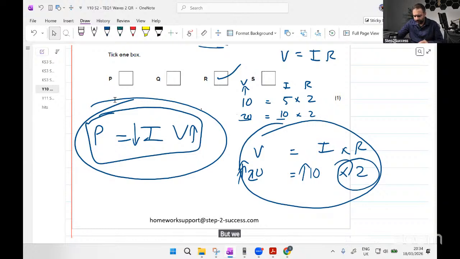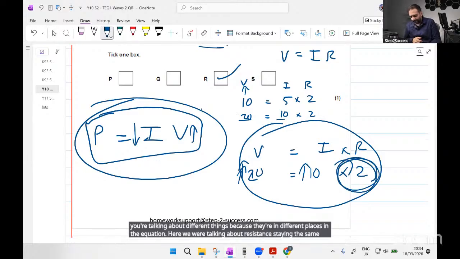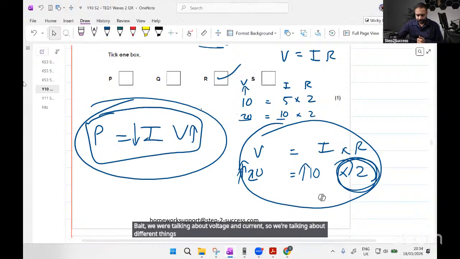But we're talking about different things. Here we were talking about voltage and current. Now you're talking about current and resistance. So you're talking about different things because they're in different places in the equation. Here we were talking about resistance staying the same, and voltage and current. So we're talking about different things in that question.